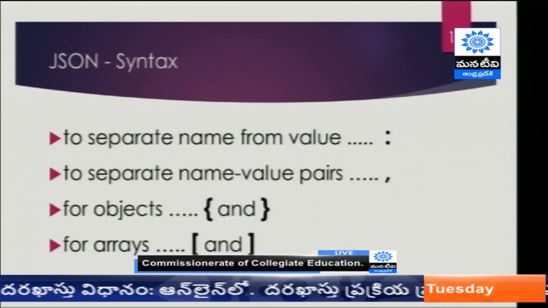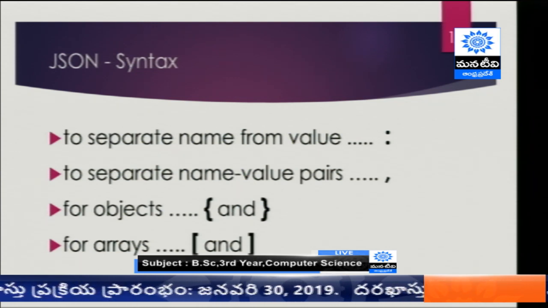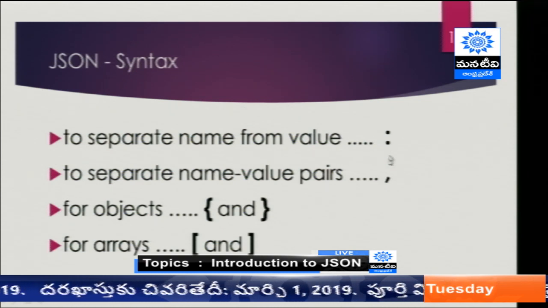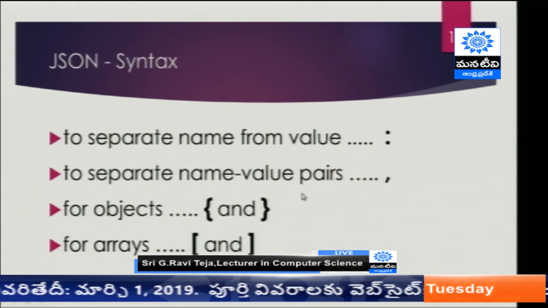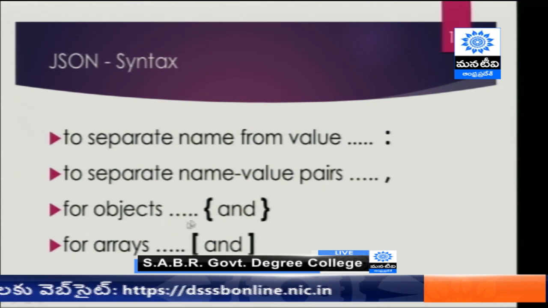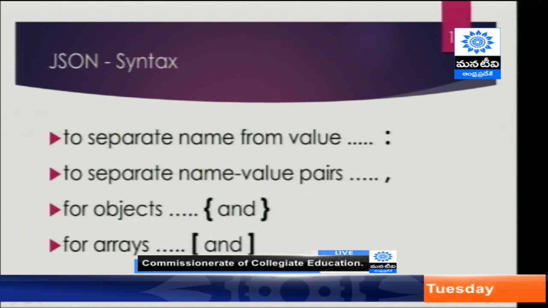We represent the data in key value pairs, where every key is separated from its value by a colon symbol. Multiple key value pairs, or name value pairs, are separated with commas. We use curly braces, left curly brace and right curly brace, for object notation, and square brackets to represent arrays.